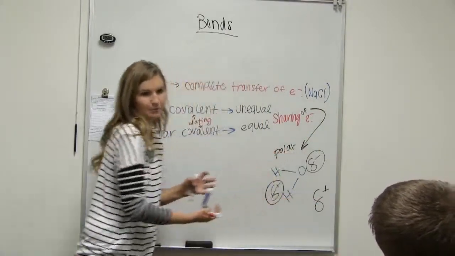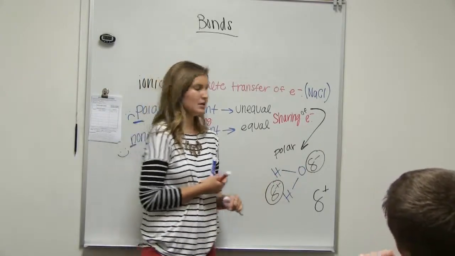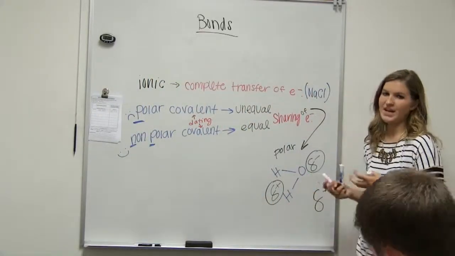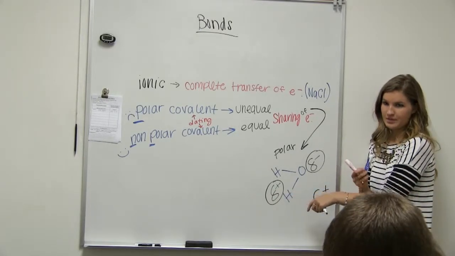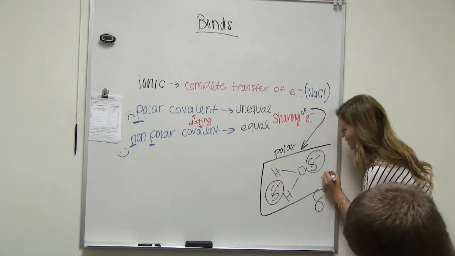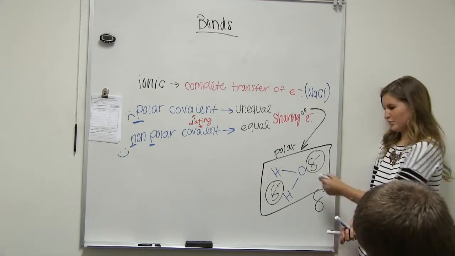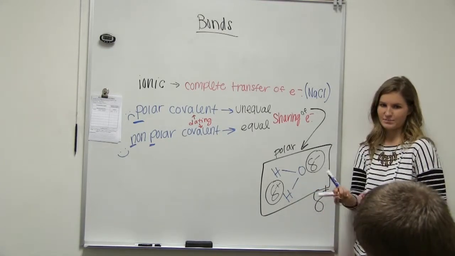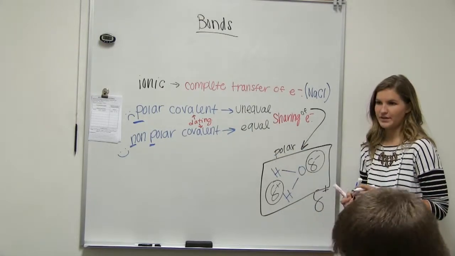These two hydrogens are kind of pulling on oxygen more than oxygen's pulling on them. And then on this side, we're going to have more of a negative pull compared to the positive pull on this side. So just by the delta signs, you would understand, if one has more of a positive pull, one has more of a negative, they're obviously not equal, right? So you know, okay, that's going to be a polar covalent bond.